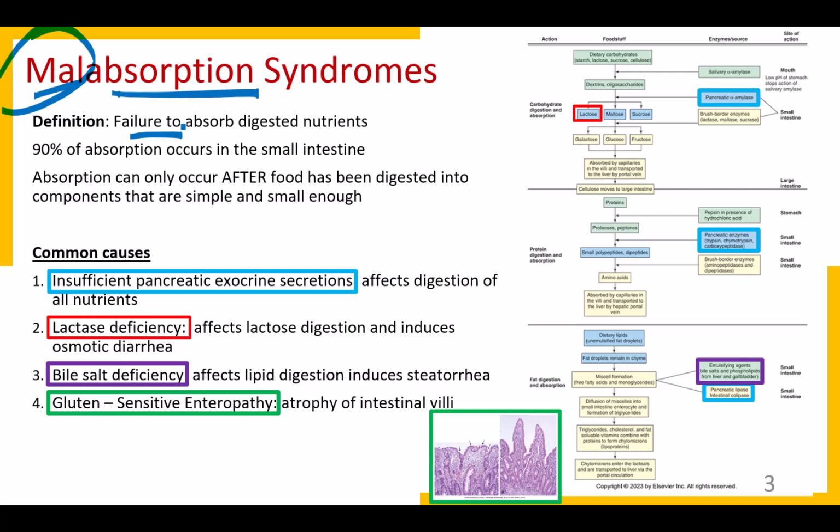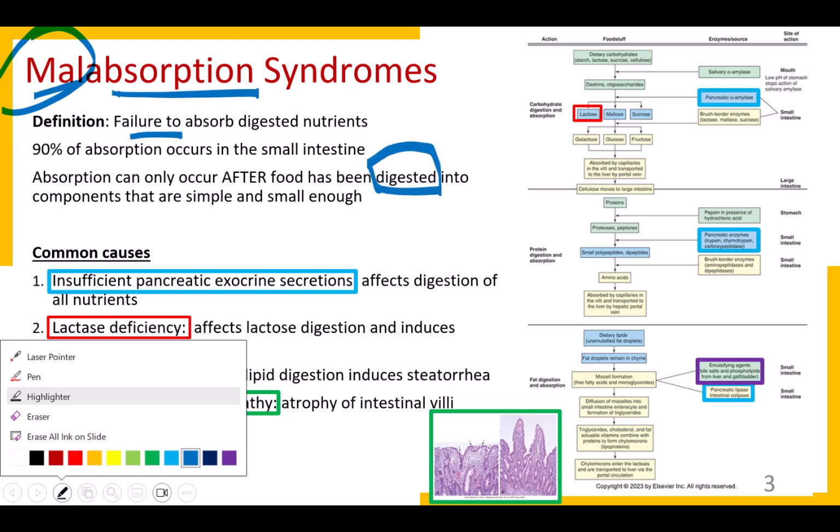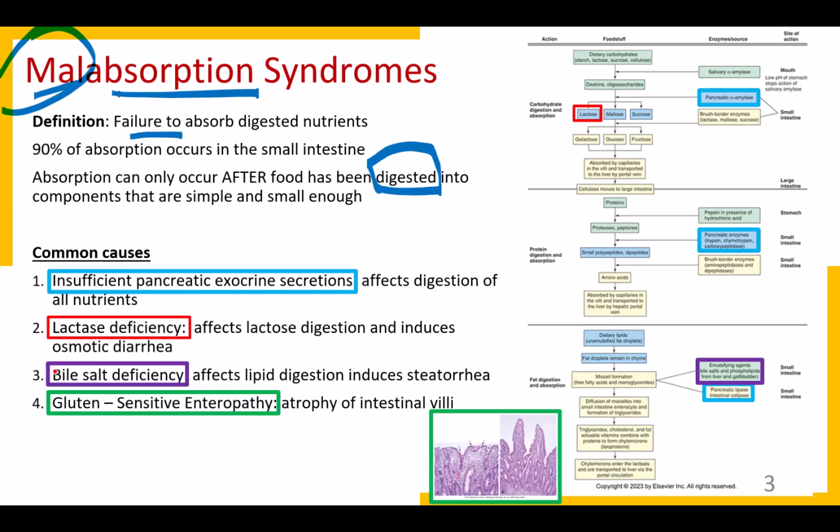In order for food that we eat to be absorbed, it needs to be digested first, right? And digestion is the breakdown of the food that we eat, both chemically as well as mechanically, into smaller and simple enough components so that it could enter into the blood vessels associated with the digestive tract, right?